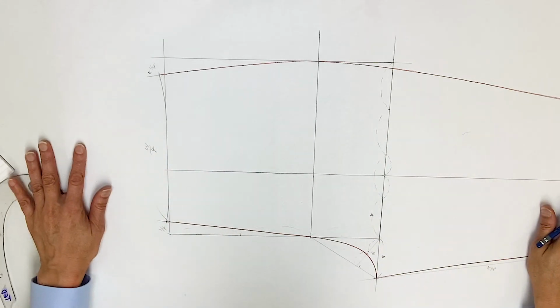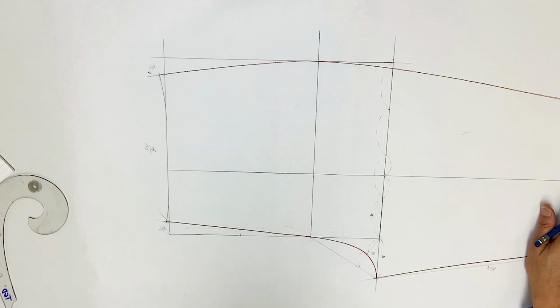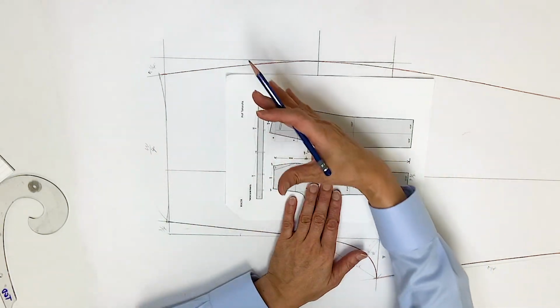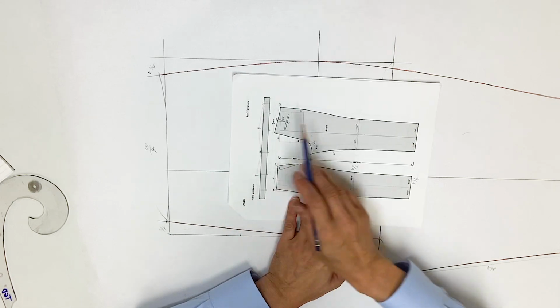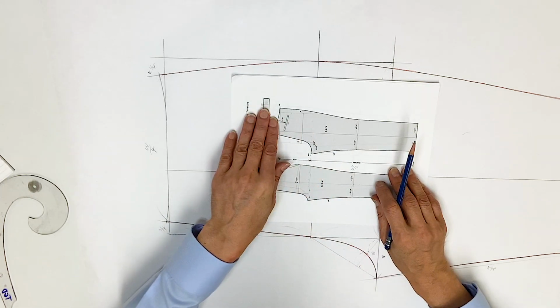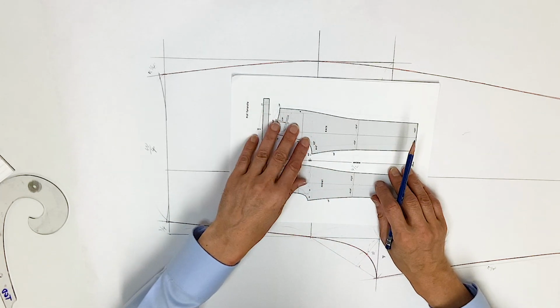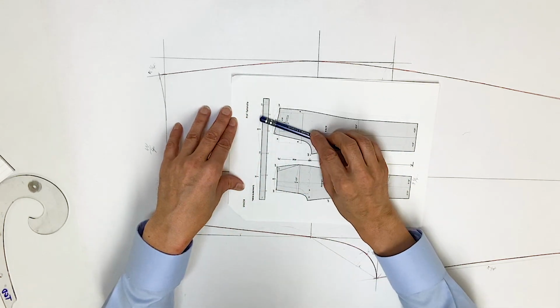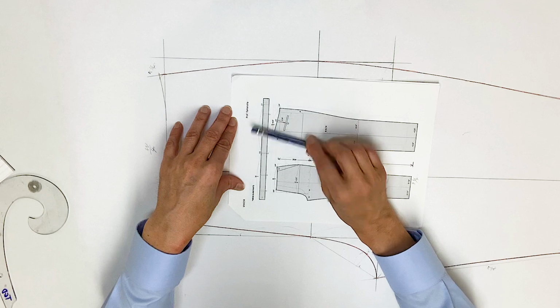If you compare the front pant and the back pant, you see the back is very tilted. The reason is the back needs a little more movement and also needs to accommodate the buttocks. So the center back seam is very tilted, slanted, and we need to do that first.